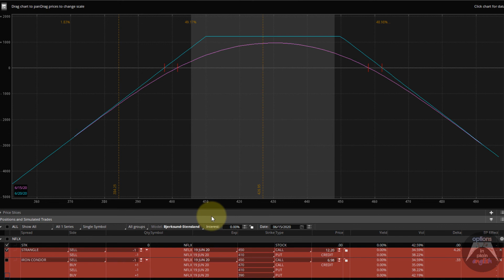Now, an Iron Condor is also used by many traders, and this is because if you want to use a very expensive underlying, the buying power reduction for a Strangle is going to be prohibitive, and you're going to have a lot of your portfolio tied up in a single position. You don't want that.